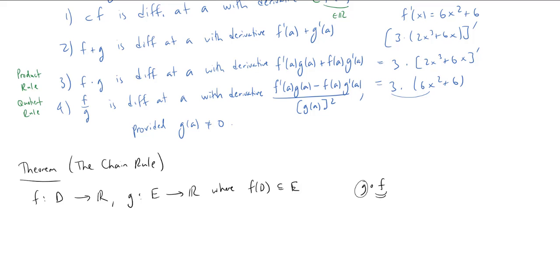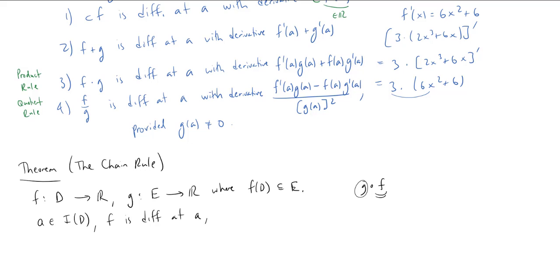Okay, now let's see, what do we need? Well, we probably want some a in the interior of D. That way we can differentiate. And we're going to assume that f is differentiable at a. Okay, so I can take the derivative at a. G, this is where people make a lot of mistakes for some reason. They say, oh, well, I also want to assume g is differentiable at a.